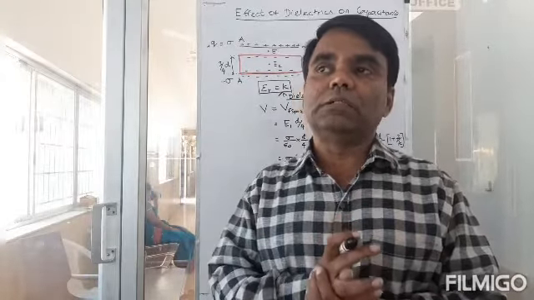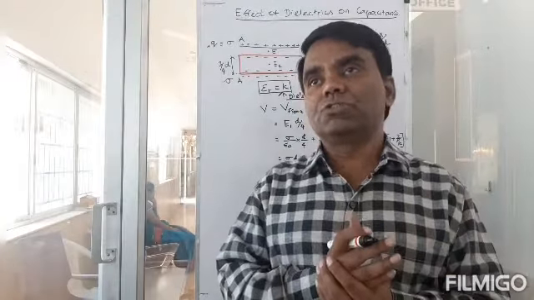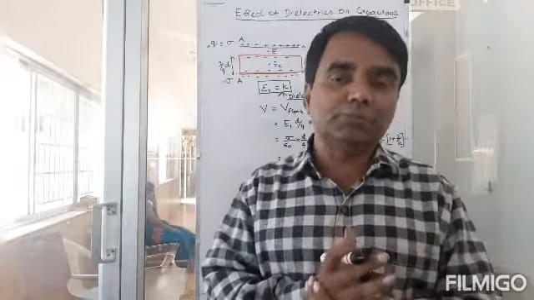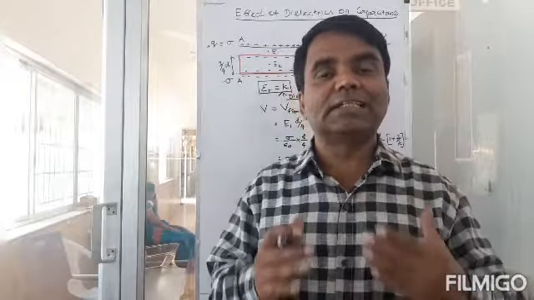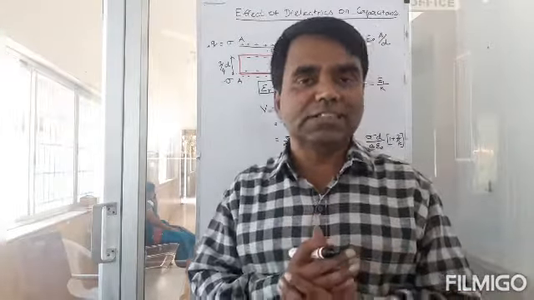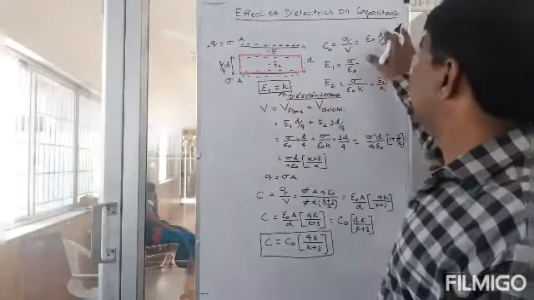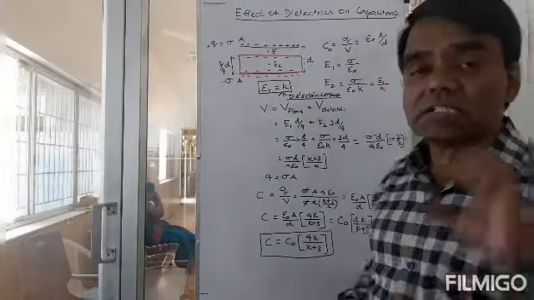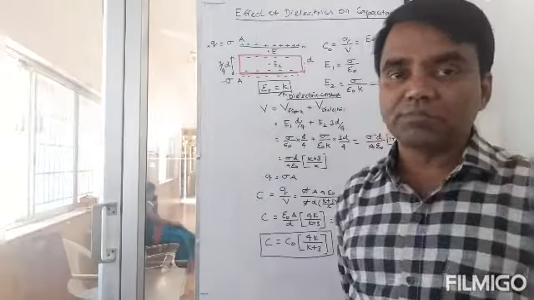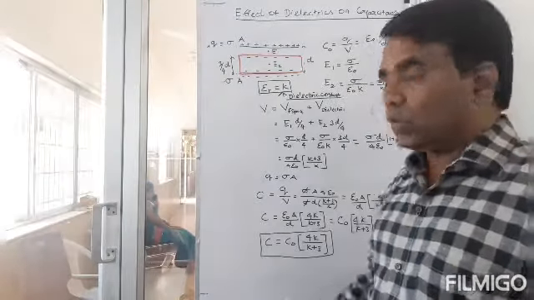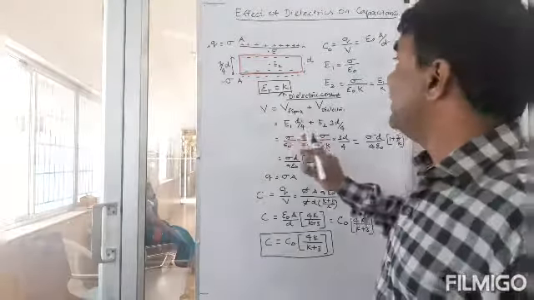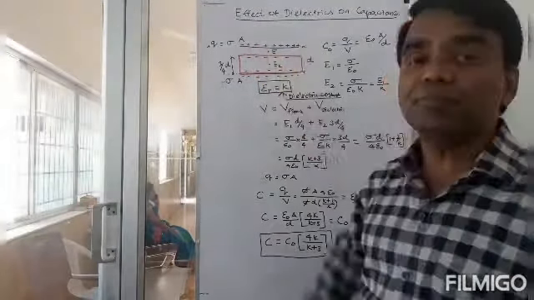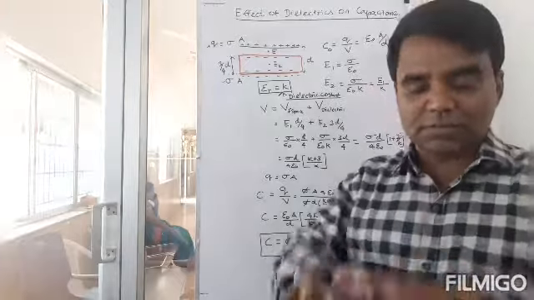So let me ask you this question. Without the dielectric substance, the only way you can increase the capacitance of a capacitor is either by increasing the area or decreasing the distance of separation between the plates. But if you use a dielectric substance, you don't have to increase the area of the plates.